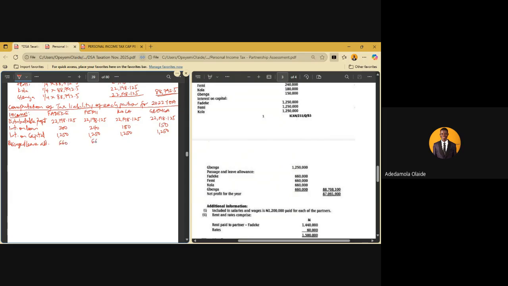It is also an income to those partners. Then we have salaries, $1,002.